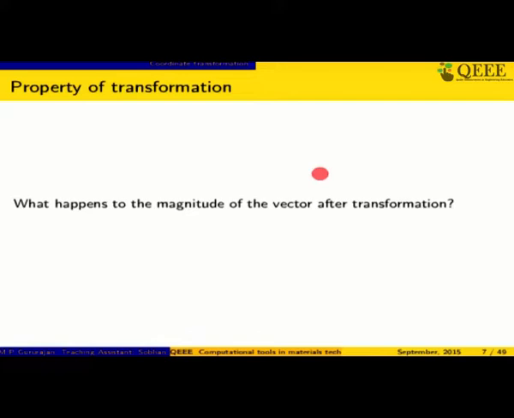If you have a matrix whose determinant is 1, when it acts on any other vector, it is going to leave its magnitude unchanged. So a pure rotation leaves the magnitude of the vectors on which it is acting unchanged. Okay, so it just changes its orientation. It does not change its length. It does not produce any contraction or expansions for the vector.